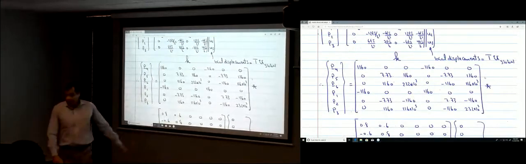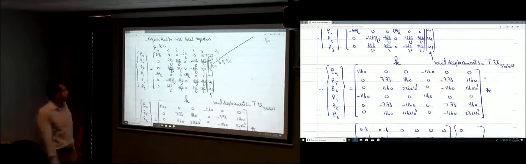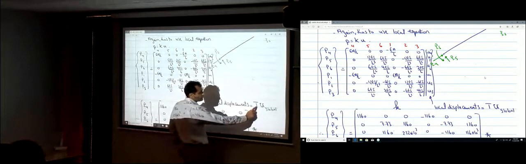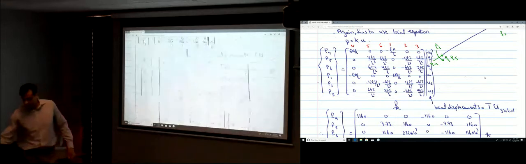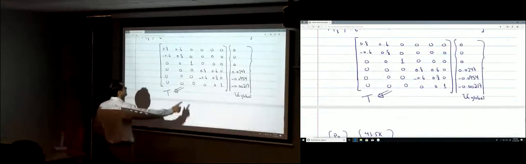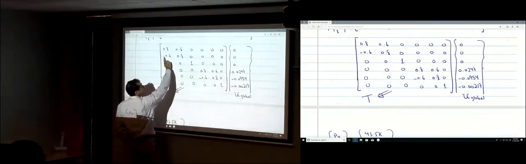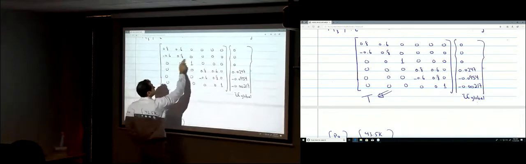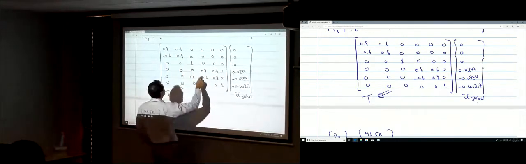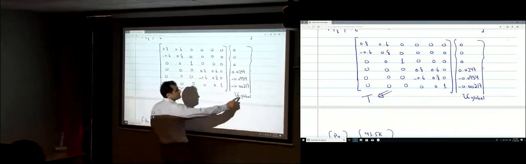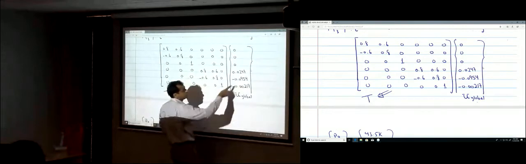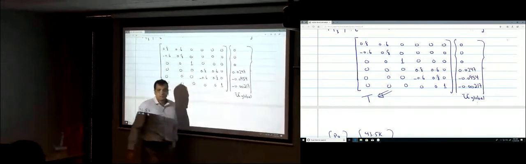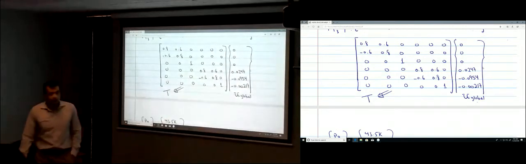And then to find U, this U is equal to T, the transformation matrix, multiplied by U global. U global, I know them. So this is the transformation matrix, which is cosine, sine, negative sine, cosine, 0, 0, 0, 1, and the same here. Multiplied by the displacement, the U global: the first 3 degrees of freedom were zeros, and then those are the displacements that we found at point B in the global direction.